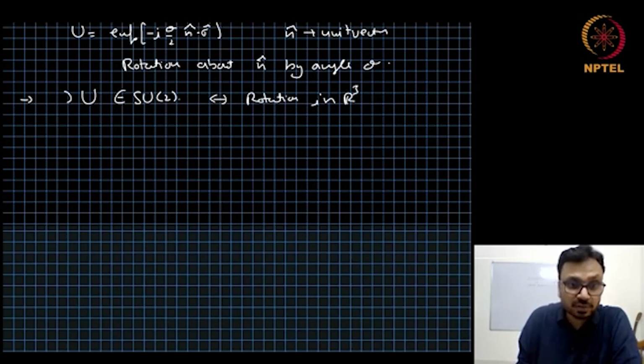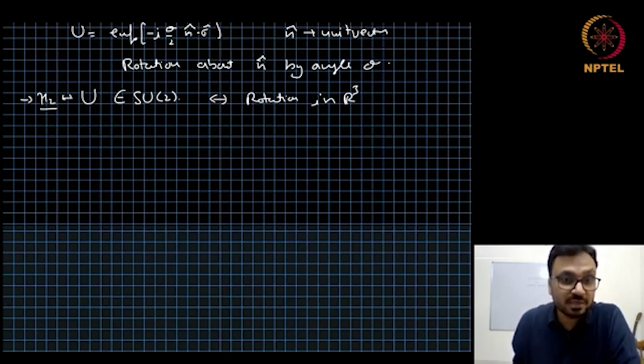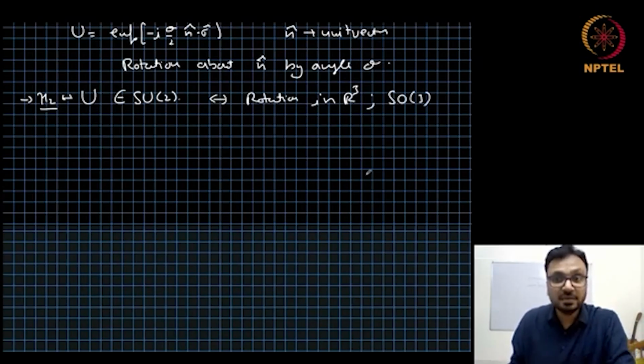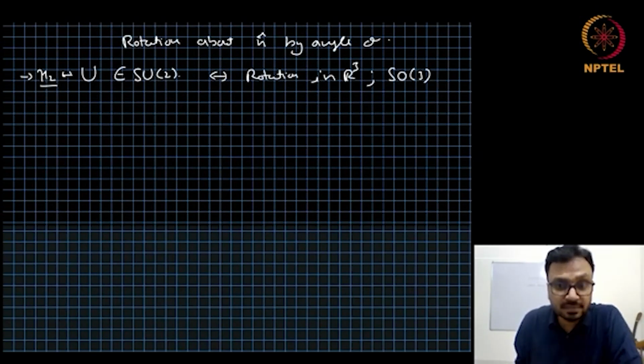So U causes a transformation on H2, the two-dimensional Hilbert space, and there is a corresponding rotation in R3, three-dimensional real space, and rotations in R3 are given by another group called SO(3), special orthogonal 3 by 3 matrices. So it seems like there is a relation between the two. If we want to see the relation, how do we see it?